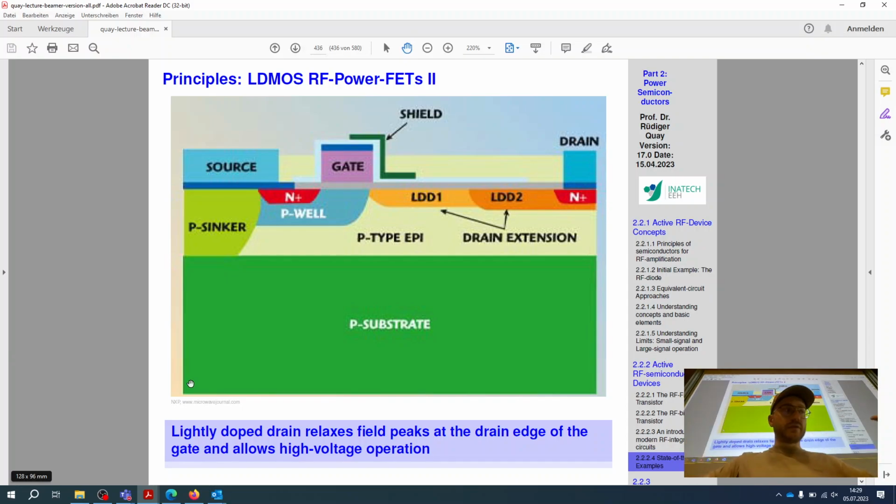And the homogeneous E field allows for a higher voltage to be applied. As we said, 28 volts can be applied to such a device. That's completely different from what is applied to an Intel chip or whatever Apple chip in our computers, as they're not oriented towards power.